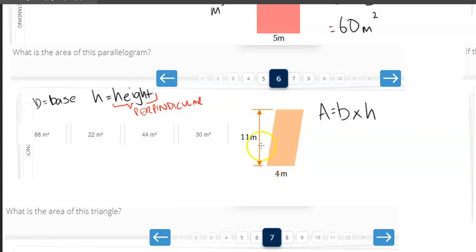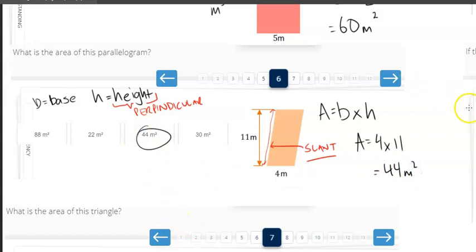We don't want to use this length here, because this is considered the slant, and we don't want to use a slant when getting the area. We have to use the perpendicular height. And in this case, it's very simple. Our base is 4, our perpendicular height is 11, so our area in this case is 44 squared meters. So there's our answer here.